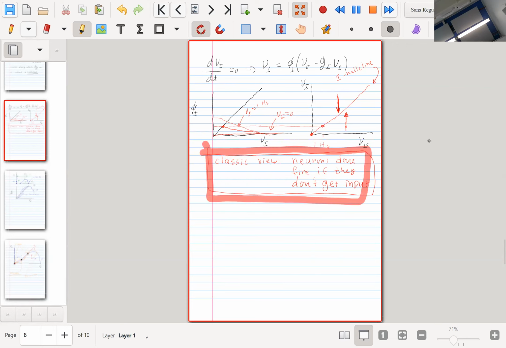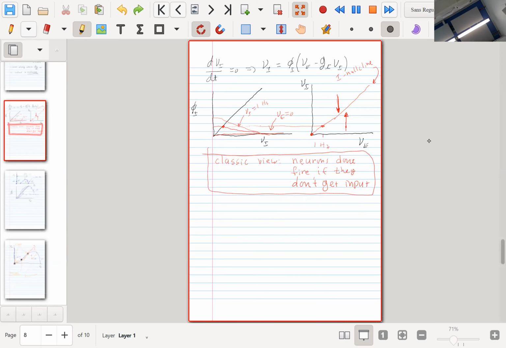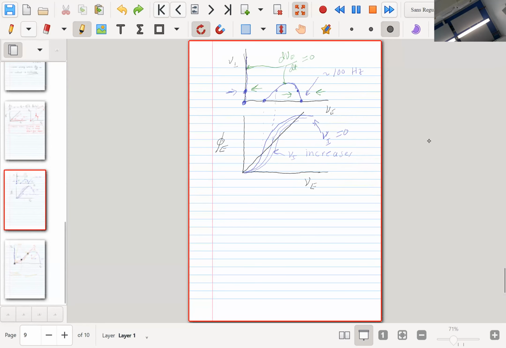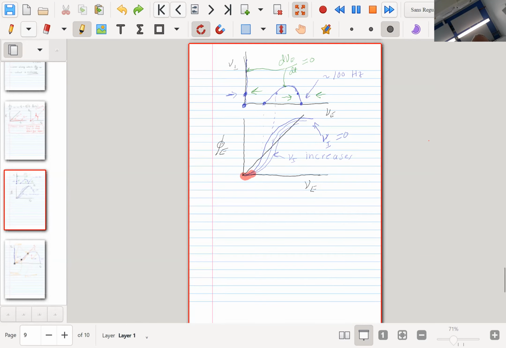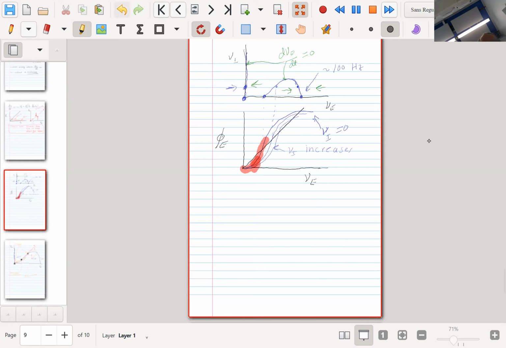The classic view is that neurons don't fire if they don't get input. Let's see what happens when we drop that. We're going to go back to the construction of the excitatory nullcline, and I'm going to redraw it here. What that means is, when nu equals 0, the gain functions, I drew them starting down here at 0 and going up.